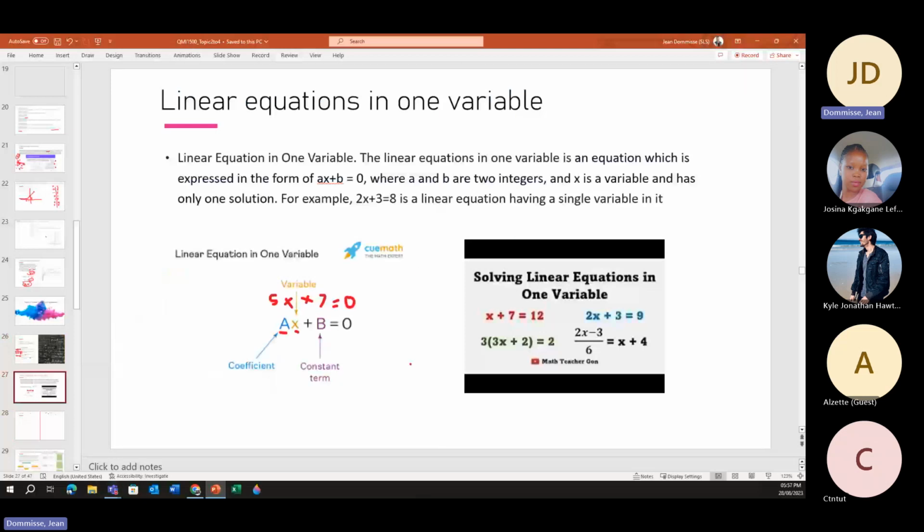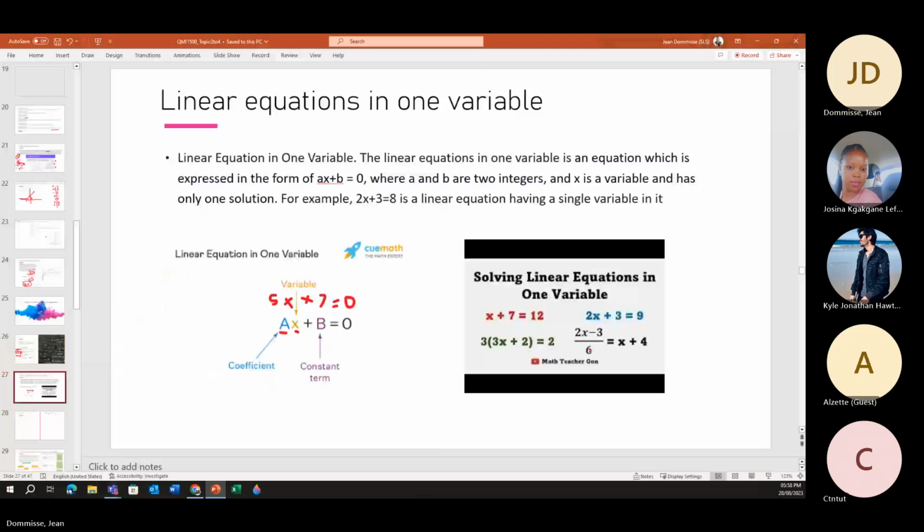And then you can see, so there's a simple one. It might be that they use brackets, so you need to remember from previous work the order of operations that you need to take into account, or they can put it with a fraction, so you need to remember how we calculated fractions as well.